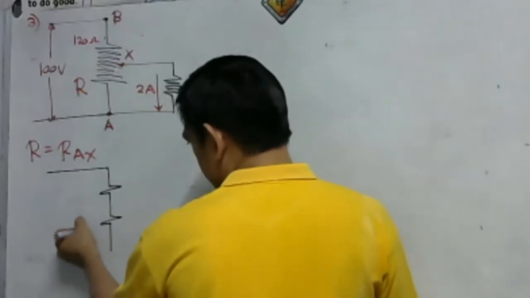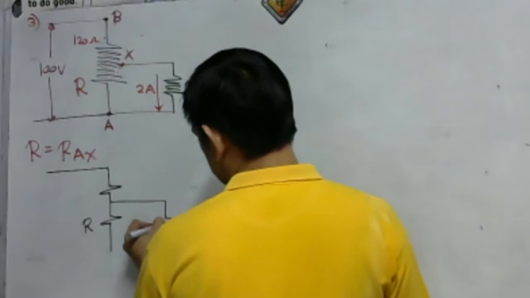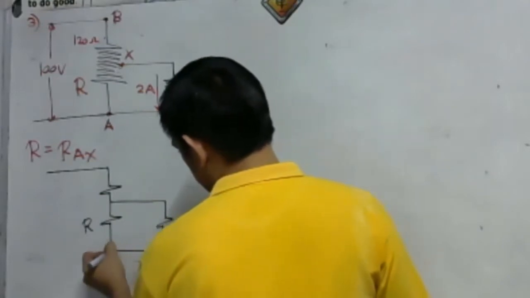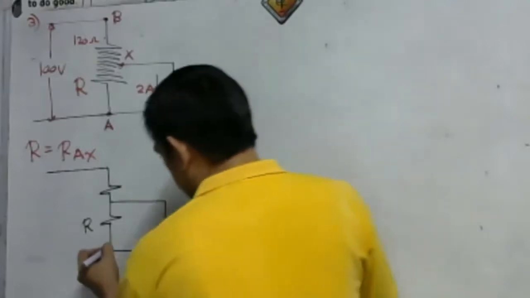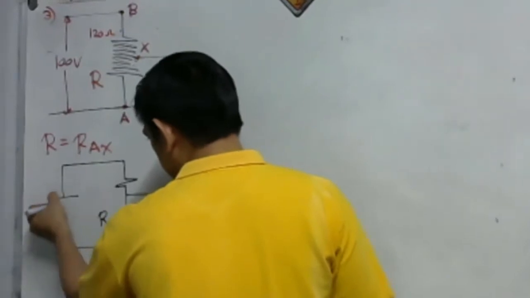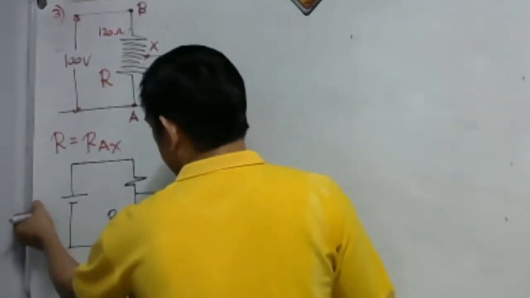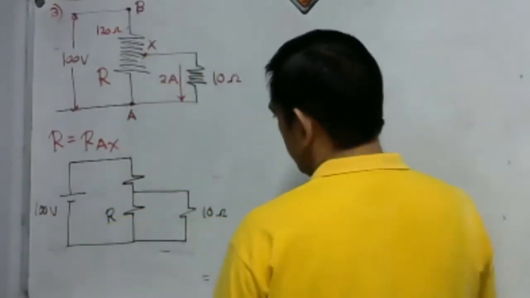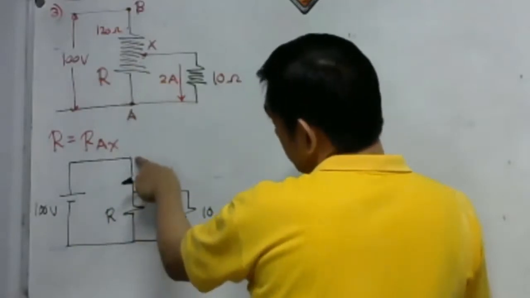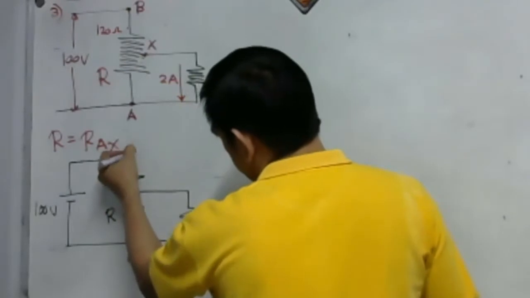Let us represent this as R. And then we have our 10 ohm resistance here. Okay, there you are. So we will form again a series parallel circuit. This is the 100 volt source. So if this is 120, this is 120 from point A to point B.